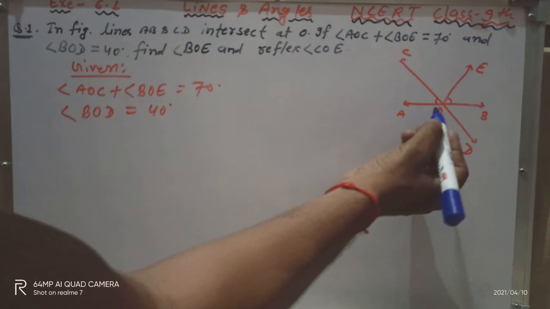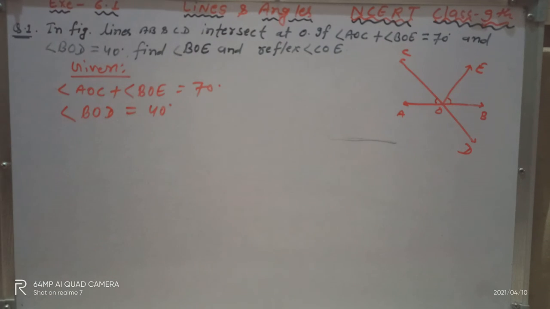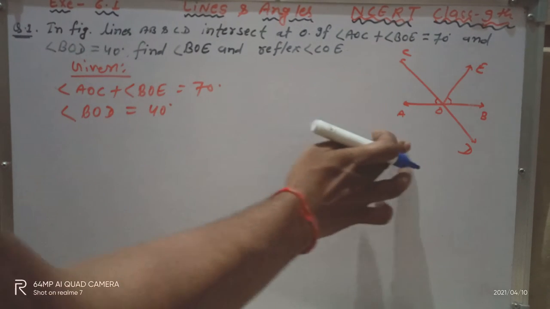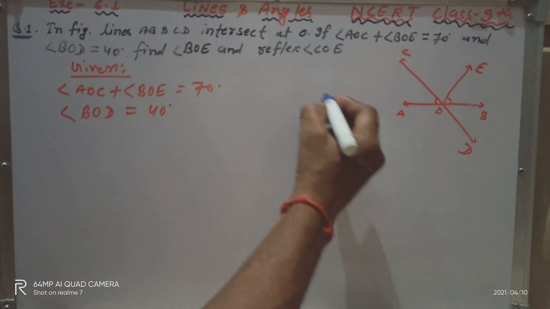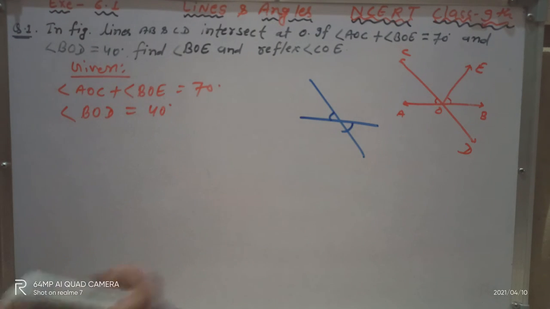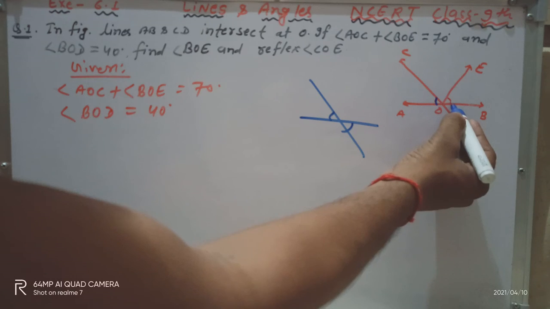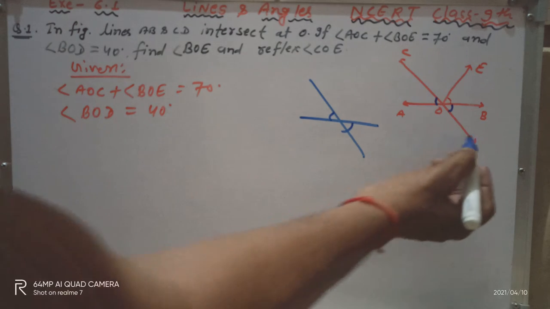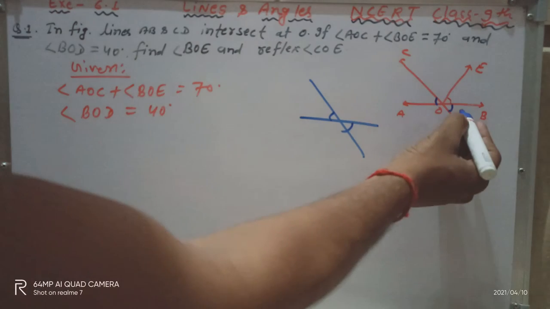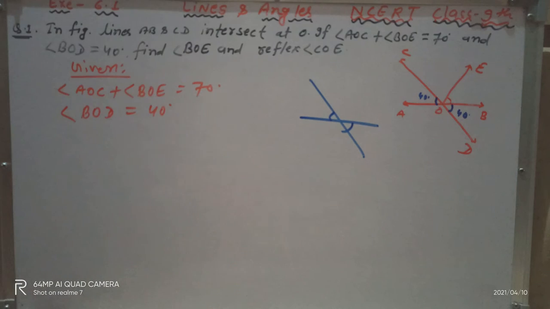Now, when two lines intersect each other, this angle will be equal to this angle, and that's called vertically opposite angles. So here angle AOC will be equal to angle BOD. If BOD is given as 40 degrees, then angle AOC will also be 40 degrees by the vertically opposite angles.